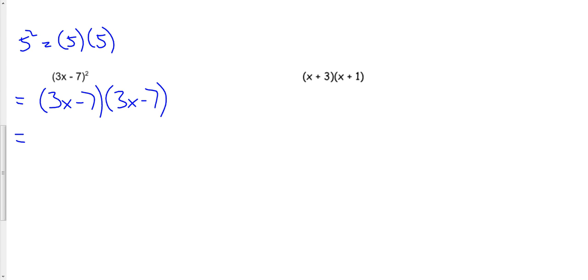I'm going to multiply my first terms. So 3x times 3x. That's going to give me 9x squared. I'm going to multiply 3x times negative 7 to give me negative 21x. Multiply my inside terms of negative 7 and positive 3x, and that will again give me negative 21x. So again, you'll notice the inside numbers here are the same.